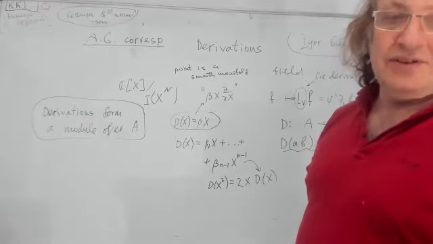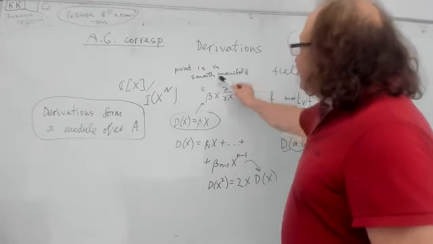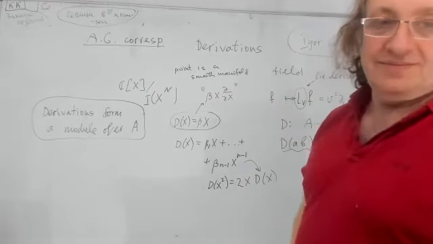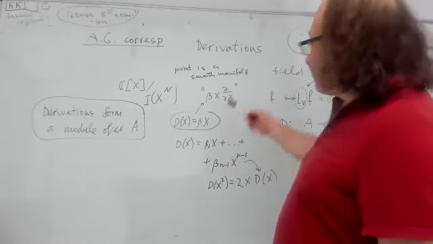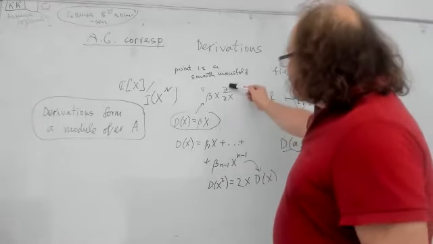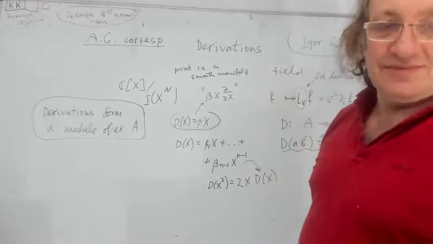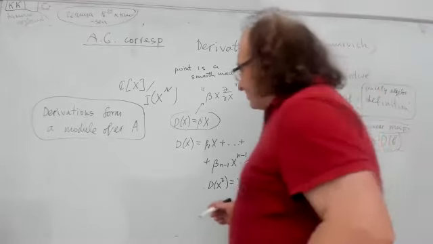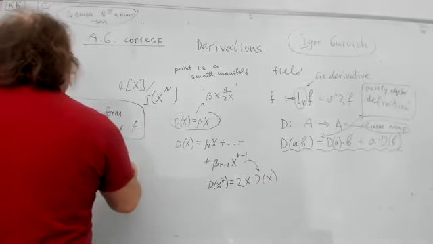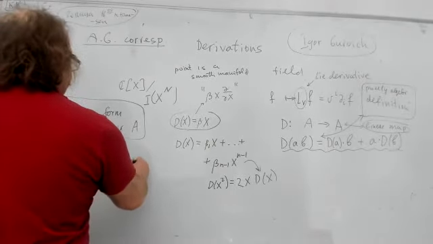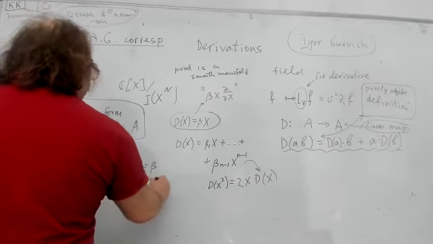And this is a vector field. You can say this for a smooth manifold. For the case of a non-smooth manifold, there is no such thing as d over dx. D of x equals beta is not a derivation.